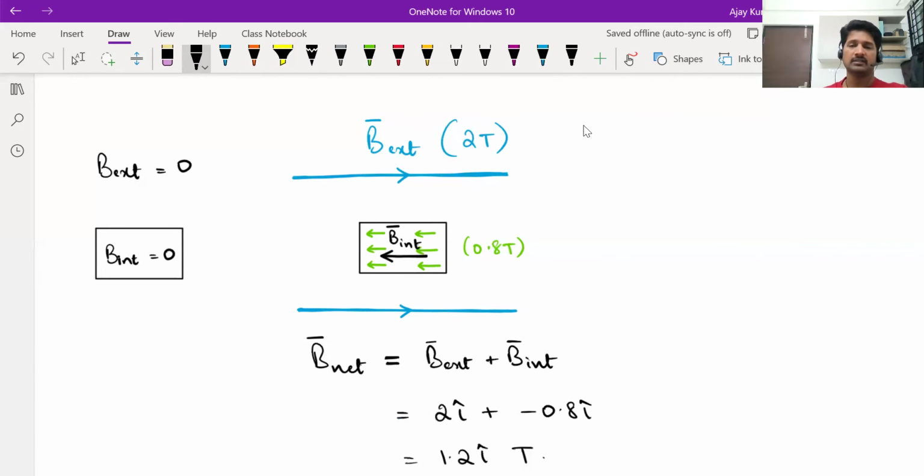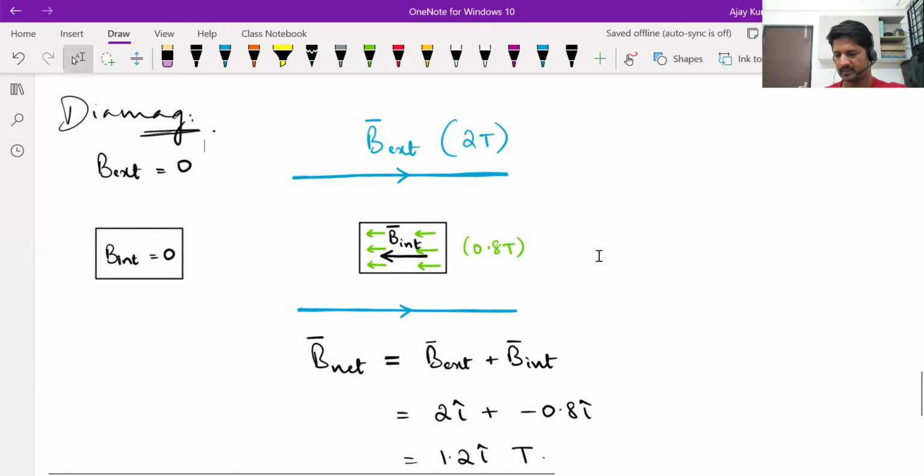What kind of material are we discussing? Diamagnetic. So in diamagnetic materials, the net field will be weaker than the external field. Okay, now we can even draw the magnetic field lines if we want.